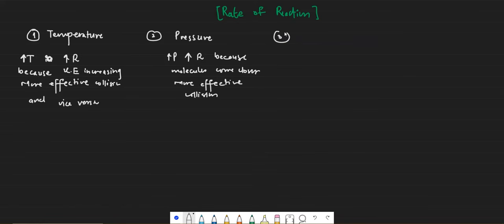The third factor is concentration of the reactants. So how does concentration contribute towards the rate of reaction? Increasing concentration increases rate of reaction because the number of molecules increases, which leads to more effective collisions.